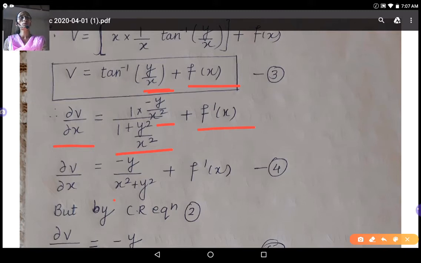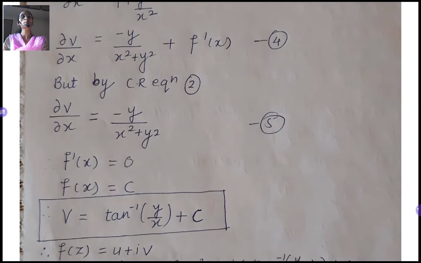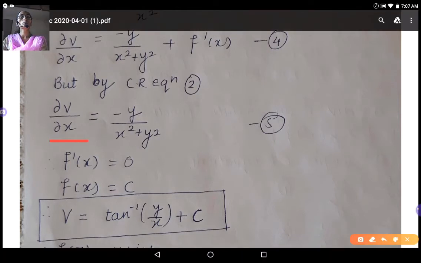So the simplified form is minus y by x square plus y square plus f dash of x. Now if you apply the second CR equation, delta v by delta x is equal to minus delta u by delta y, and that is minus y by x square plus y square.